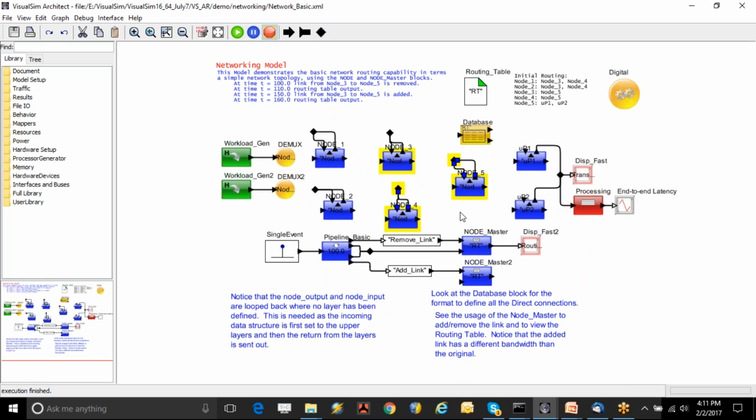In this, what we are doing is removing the link between node 3 and node 5 at a certain timestamp, and then adding it back to understand the impact of removing a network link on the complete system performance.